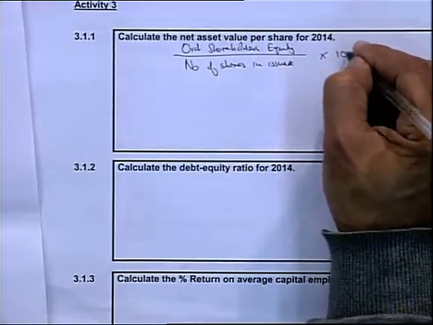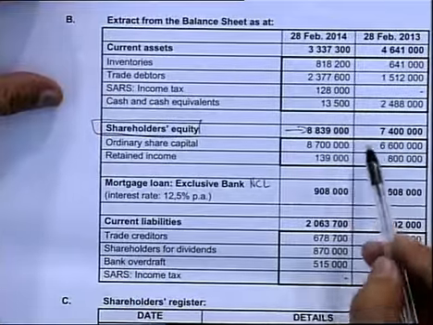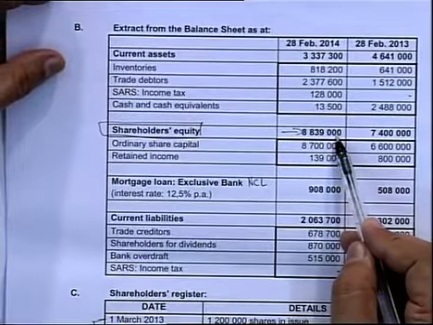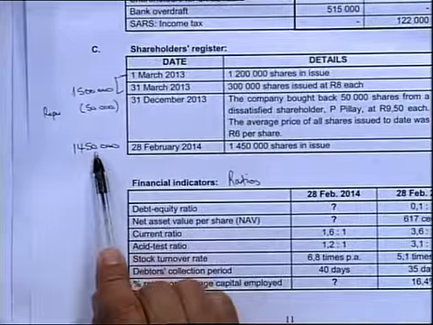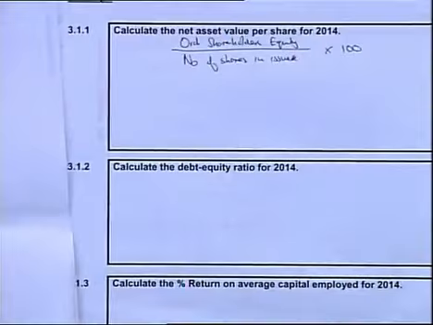And then we have to multiply with 100 because we want the answer in cents. Right, so the ordinary shareholders' equity, 8,839,000. The number of shares, 1,450,000. So we write them just like that.